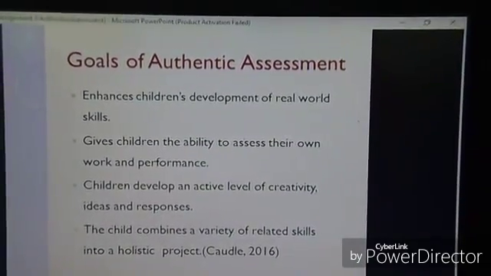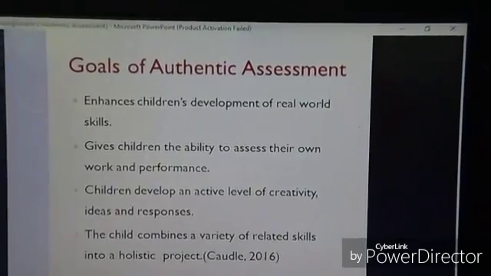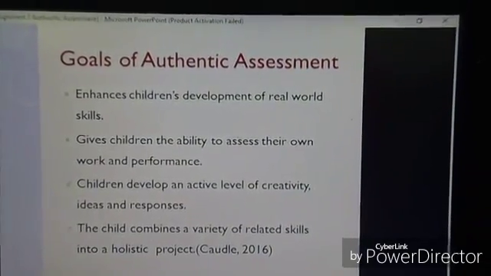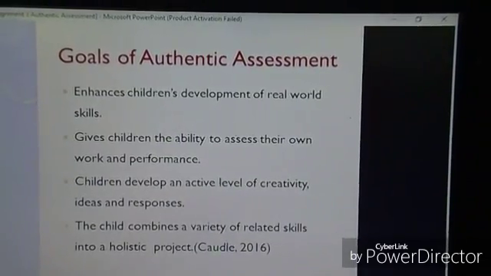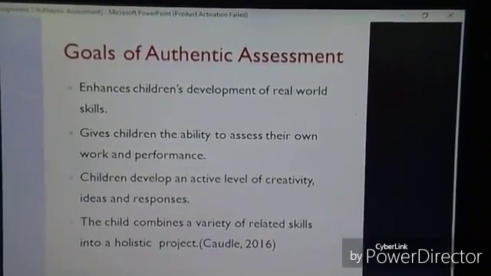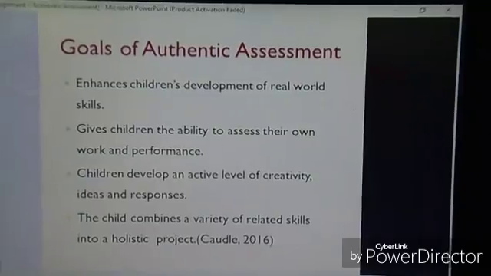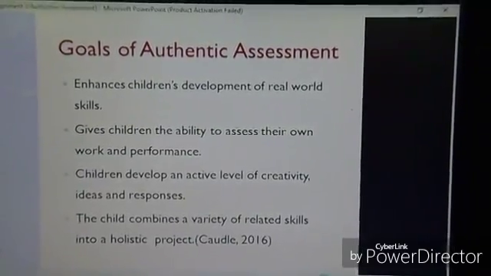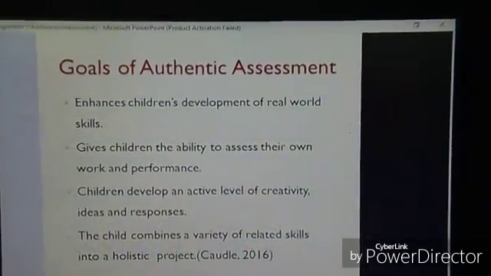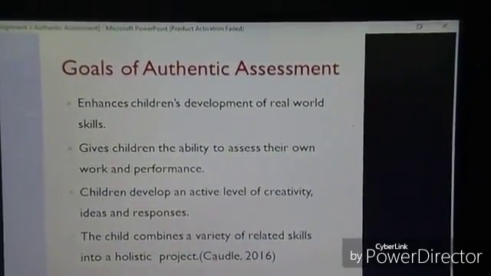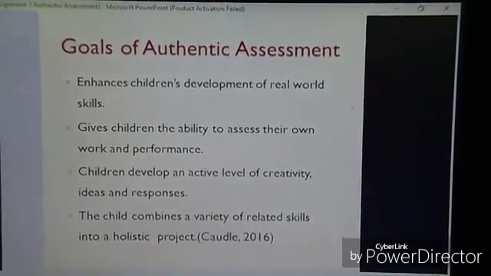They come up with their own ideas and their own responses. The child also combines these related skills into a holistic project, which makes them develop physically, emotionally, mentally, and spiritually. They are rounded at the end of the authentic assessment.